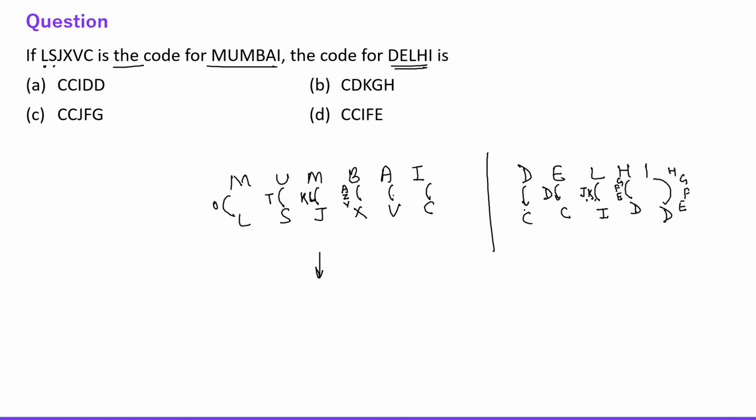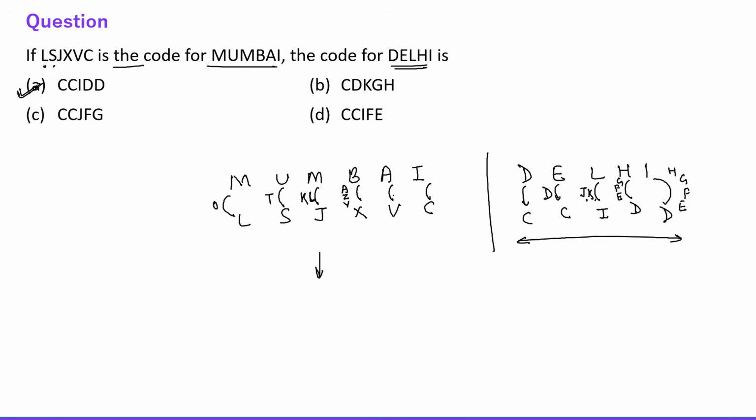So here the gap of 0 letters, then 1 letter, 2 letters, 3 letters, 4 letters. So this is the code CCIDD. First option is the correct choice.